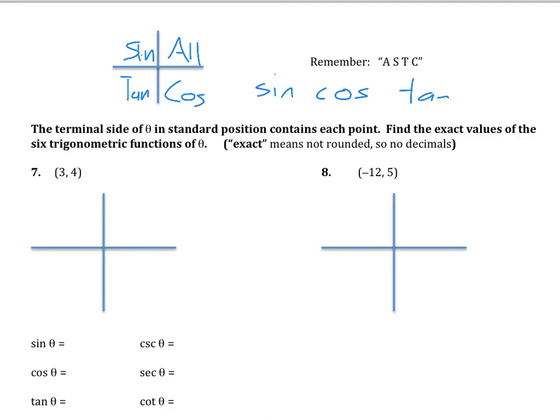Alright, so this is a little different. They're going to give you a coordinate this time. So make a rough sketch of where that coordinate goes. So 3, 4 is around here. Then you're going to draw a triangle using this point.